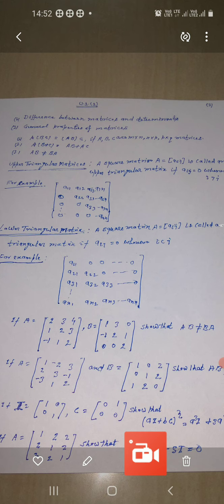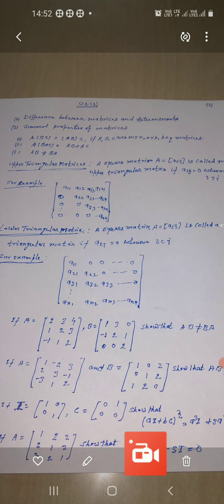Simply multiply A by B and B by A, and check whether the values of AB and BA are equal or not. So you will find generally AB is not equal to BA. This is very simple. Third example is that I is equal to, in first row 1 0, in second row 0 1, and C is equal to, in first row 0 1, and in second row 0 0.